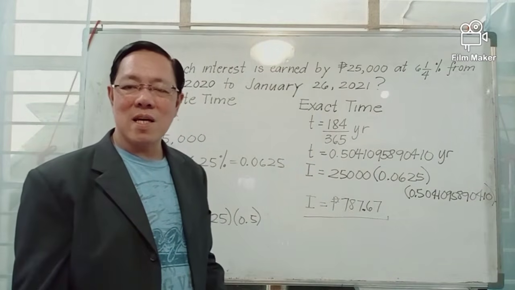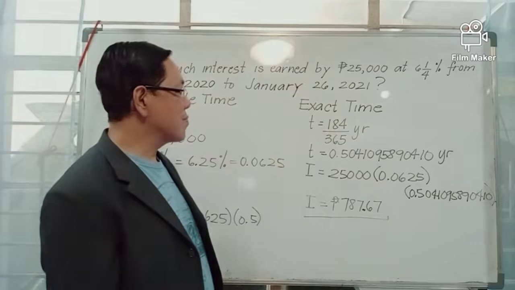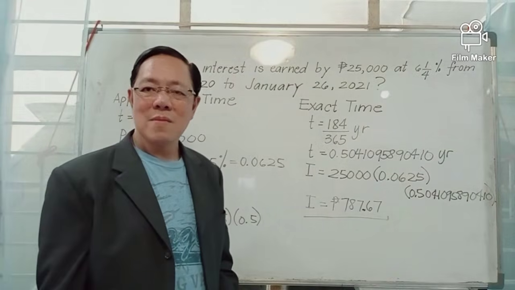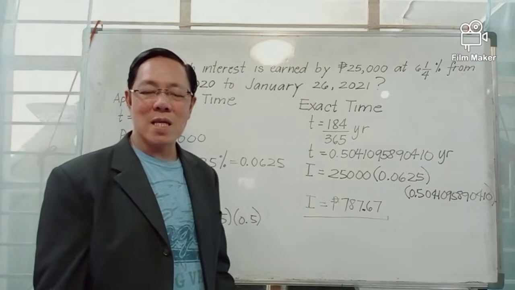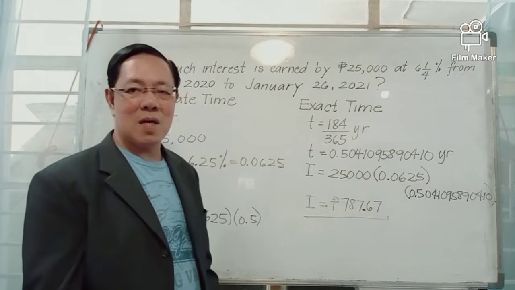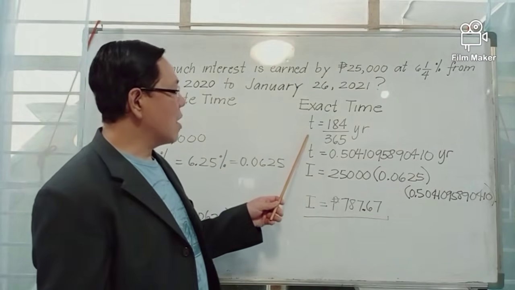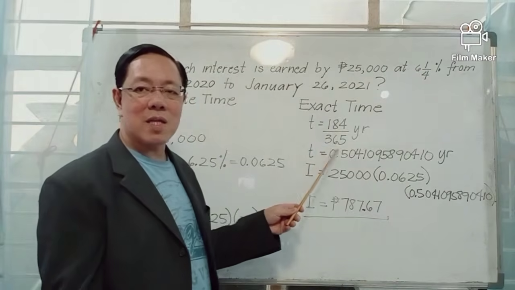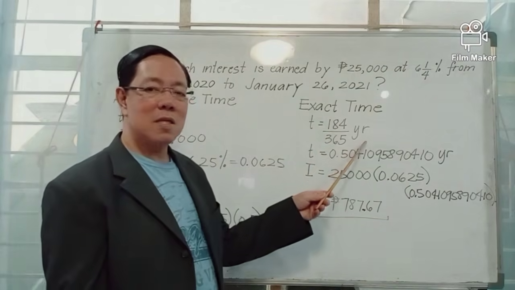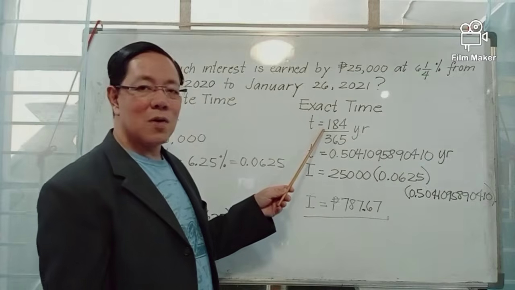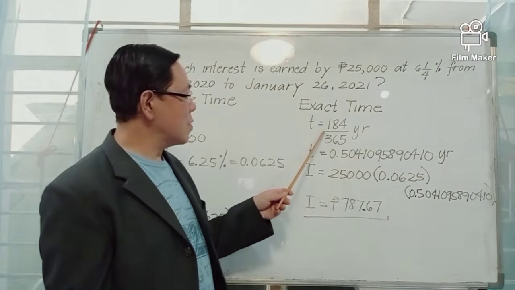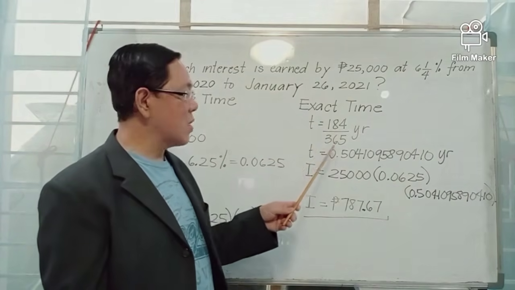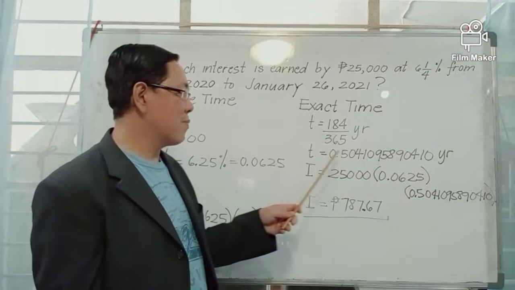And we convert that exact number of days to years using the equivalent units. 1 year equals 365 days. And the exact time in years is 184 divided by 365 year. Using your calculator, you may check 184 divided by 365.